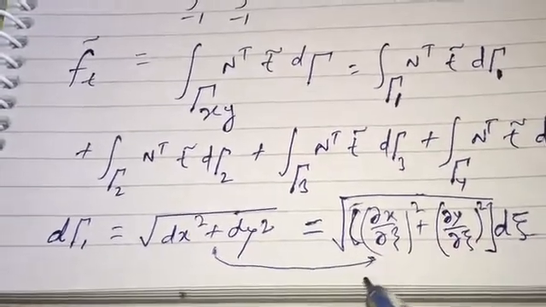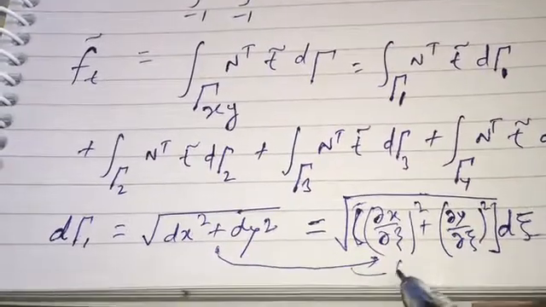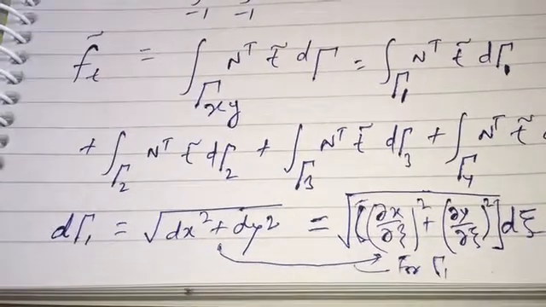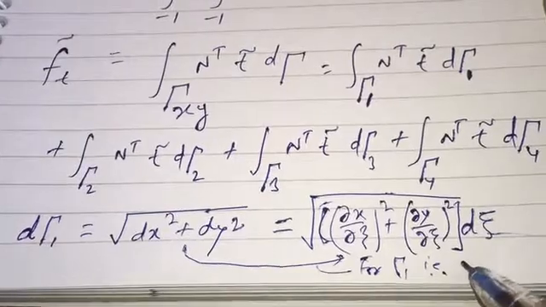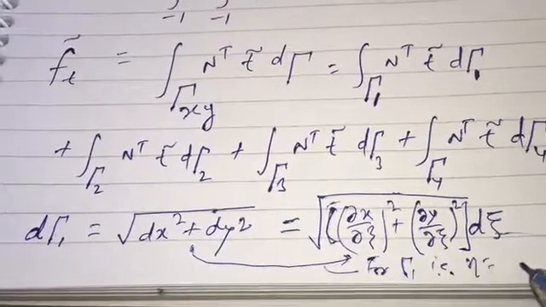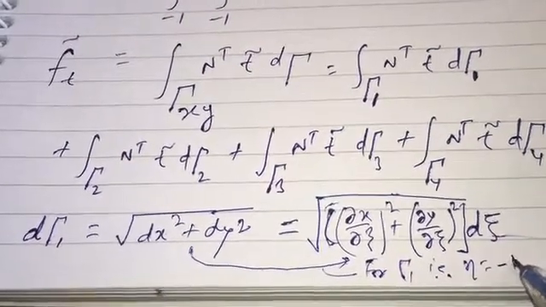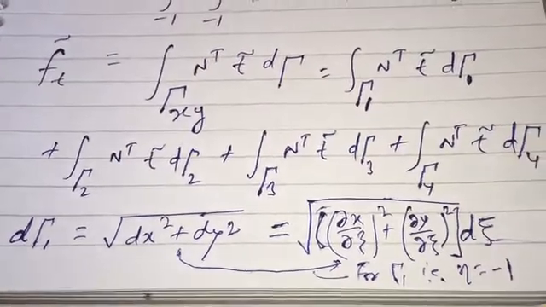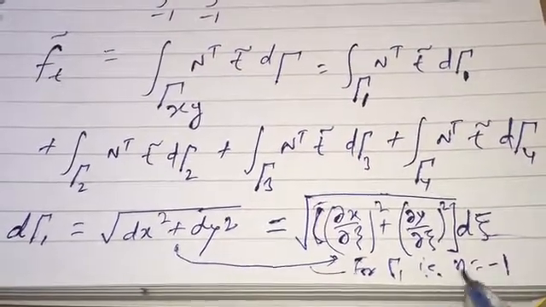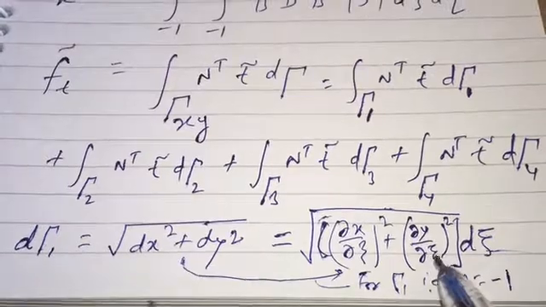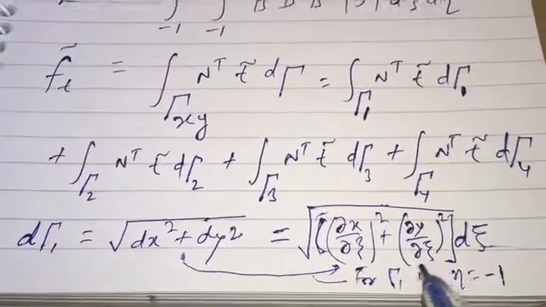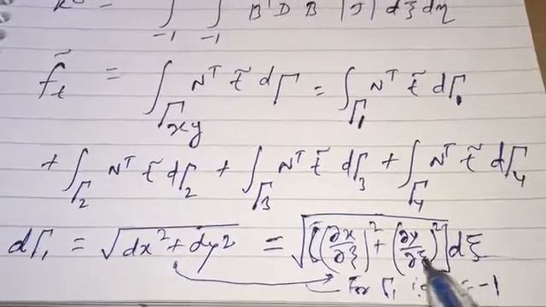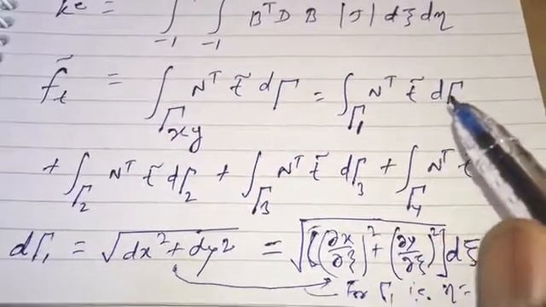And of course we have to calculate these things for that line only, for gamma 1 only, that is where eta equal to -1. Okay, so we have to put eta equal to -1 in this one, and then we leave d xi, because it will be integrated in terms of d xi then.